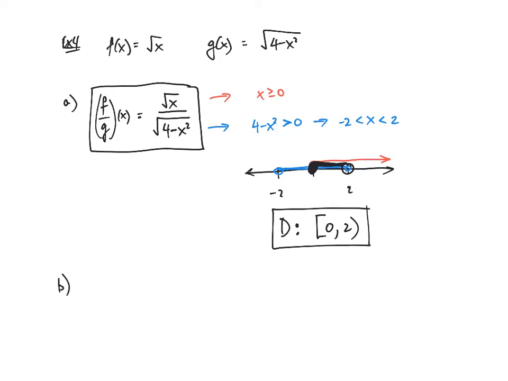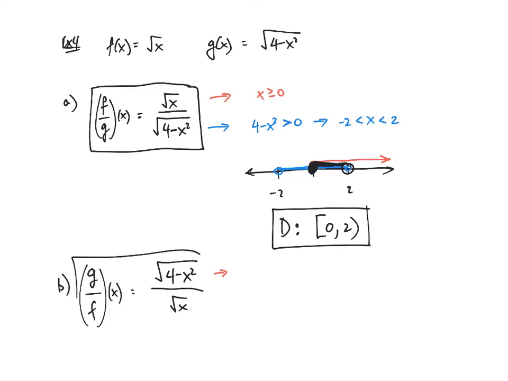Okay, if you look at the quotient g divided by f, so that's going to be the reciprocal. So this time, the domain from the numerator, let's box that, we know it can equal 0. So in this case, our domain is going to be this. But for the denominator, x has to be greater than 0, but not equal.